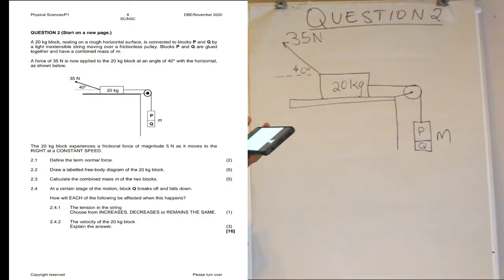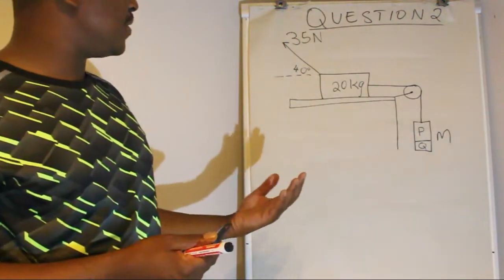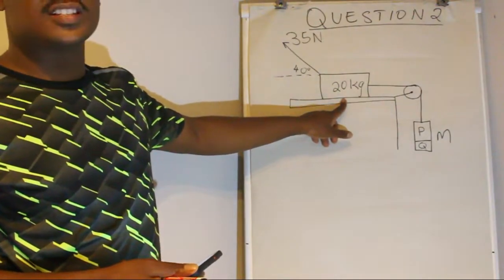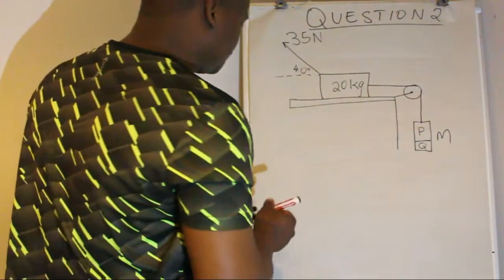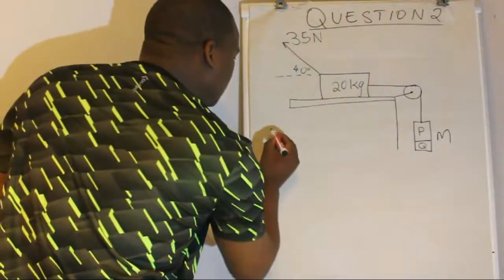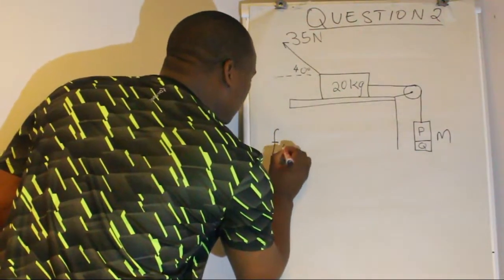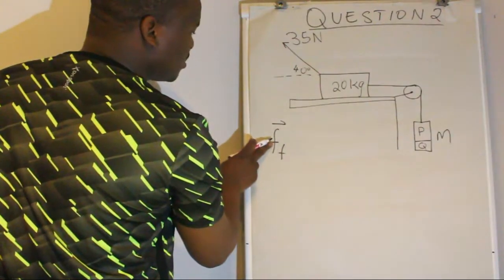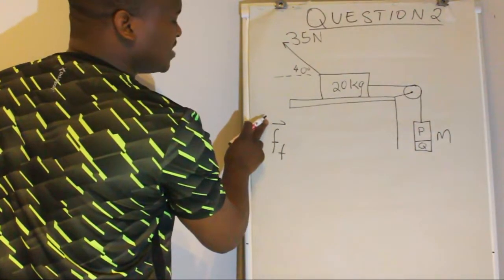Also, the 20 kg block experiences a frictional force of magnitude 5 newtons as it moves to the right at a constant speed. So here is what is happening. This block is experiencing a frictional force of 5 newtons. The arrow on top indicates that this force is a vector.